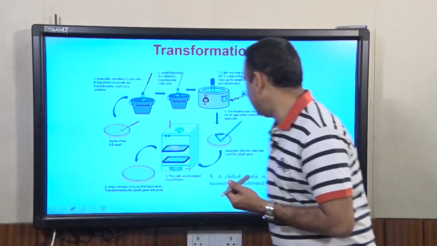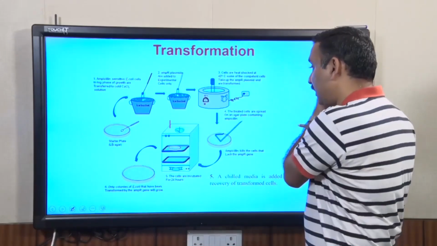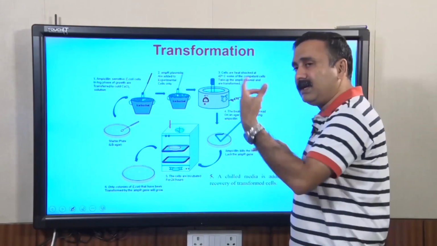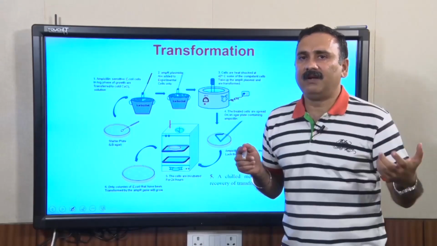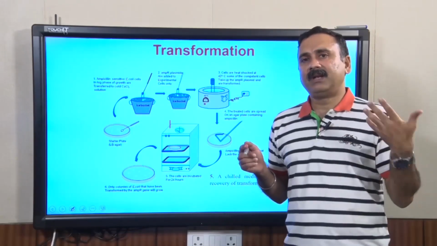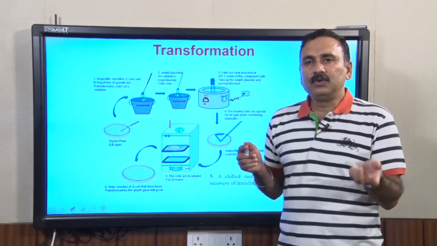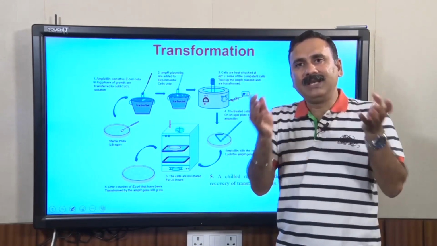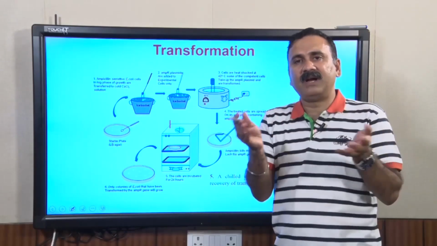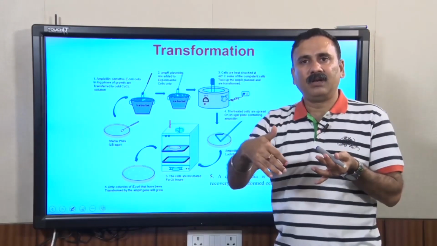Now, after the heat shock, if you keep the heat shock very long, this stressed bacteria cannot sustain and is going to die. So, you have to reverse things. You have made the cell wall leaky, you have made the plasma membrane compromised, and the plasmid has gone inside.